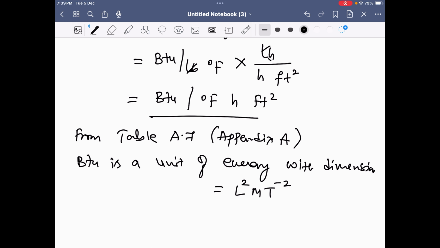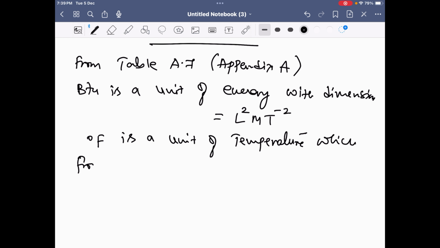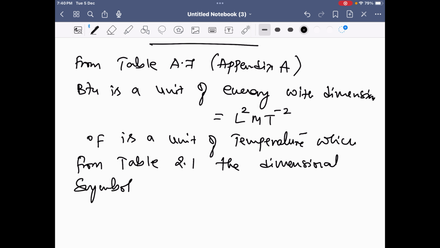And also degree Fahrenheit is a unit of temperature, which from table 2.1, the dimensional symbol is theta.